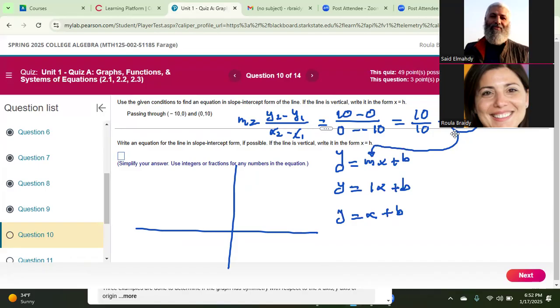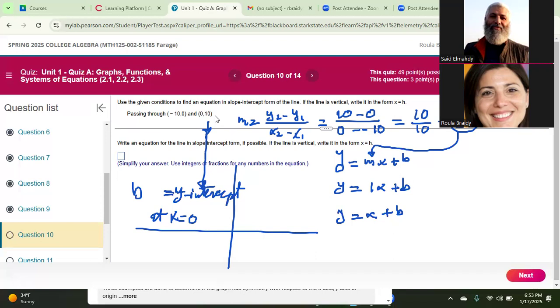Should we use one of these points? Yes, but usually b is at the y-intercept, correct? And we know that the y-intercept occurs at x equal to 0. If we have a point where x is equal to 0, this means that y is just b.